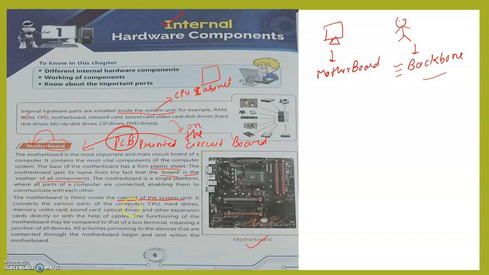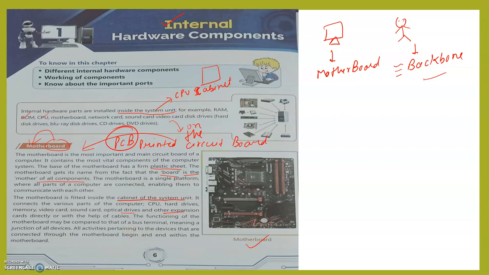It connects various parts of the computer: CPU, hard drives, sound card, optical drives, other expansion slots, cards, with the help of cables. The functioning of the motherboard may be compared to the bus terminals, meaning the junctions of all devices. Basically, what is the purpose of the motherboard?